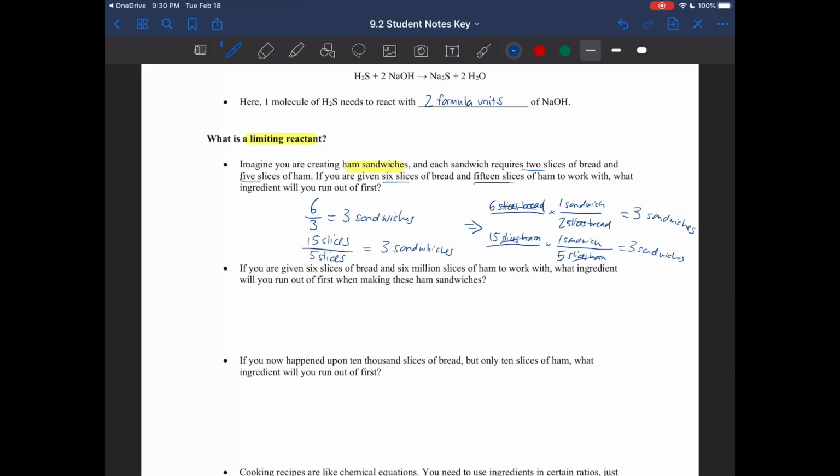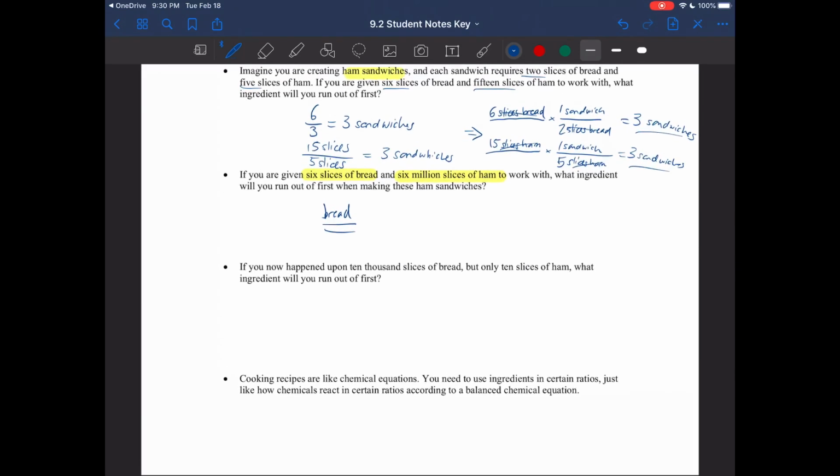Okay. So it turns out there was no limiting reactant there, but what if we are given 6 slices of bread and 6 million slices of ham to work with? What ingredient would you run out of first when making these ham sandwiches? Well, I have a lot less bread than I do ham, so I'm probably going to run out of bread. I'm not even going to calculate anything here. I'm just going to say bread.